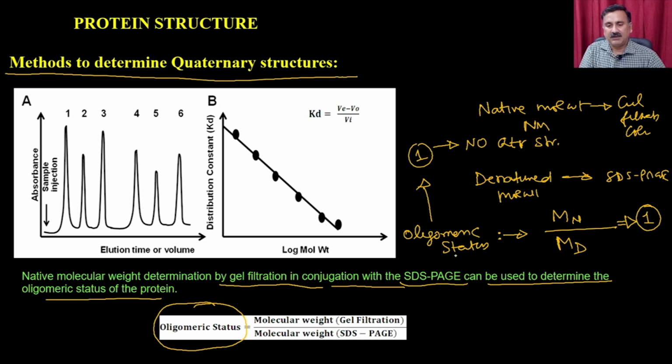If this number is 2 or more, then it is going to have a quaternary structure because it has multiple polypeptides.